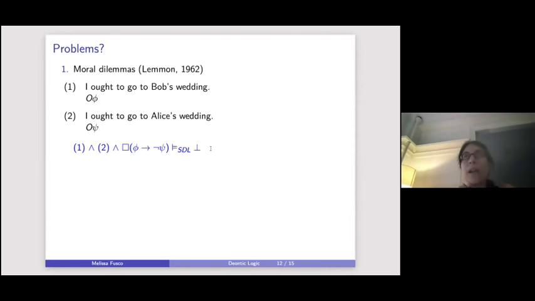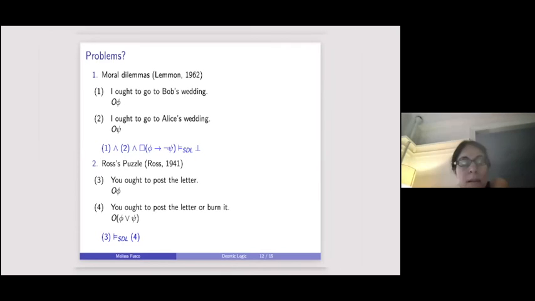It just couldn't be true in SDL that I have conflicting obligations unless I'm obligated to do the impossible, obligated to bottom, and that can't be true in a serial frame. So someone like Lemmon might just say, but that's just not true. You can have a moral dilemma, you can have conflicting obligations, and you shouldn't, in the logic of SDL, be able to conclude from that the absurd, that you're obligated to do nothing, or that everything follows, which is what you would get from a contradiction.